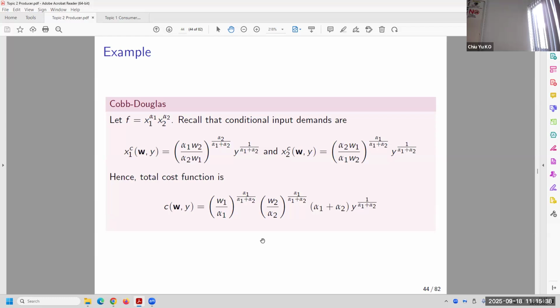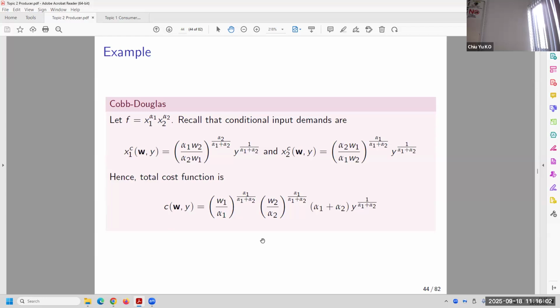Once you know the production technology, you can do weird stuff, because the firm wouldn't tell you this. But you can imagine the firm is doing optimal production. They're minimizing costs. Remember, we don't assume the firm is profit maximizing. You just assume he's minimizing his cost, which is a very minimal assumption.